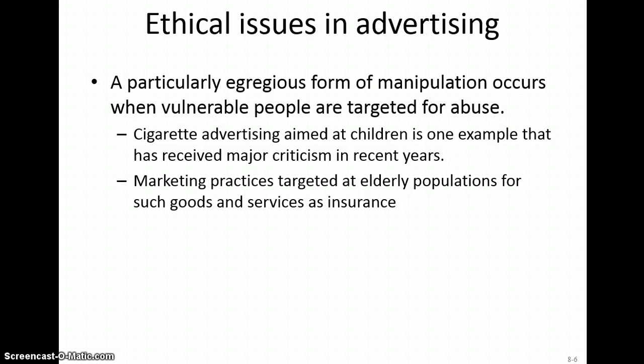Some of the classic examples include advertising cigarettes to children, who are considered a vulnerable population. We've also seen ethical issues pop up where people target elderly populations, who are also potentially vulnerable and might be easily manipulated using the psychological information that we have.